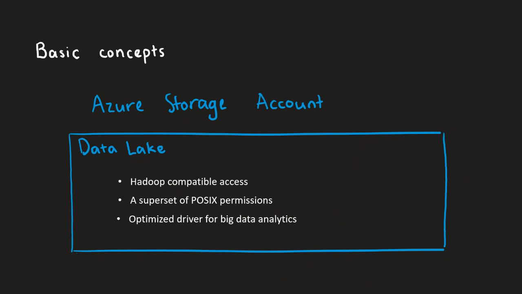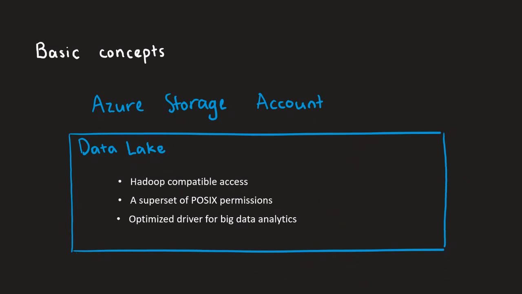And the last point is that since we have this ABFS endpoint, which is Hadoop compatible, there is also a driver in the Azure Data Lake Storage, which makes it optimized for big data analytics. So there are query acceleration capabilities within Azure Data Lake Storage as well.